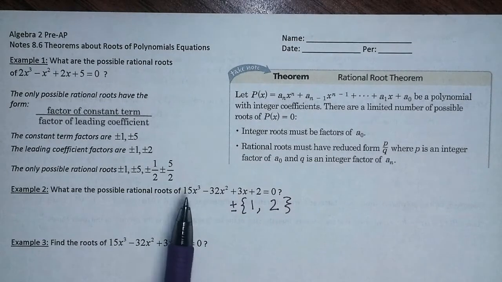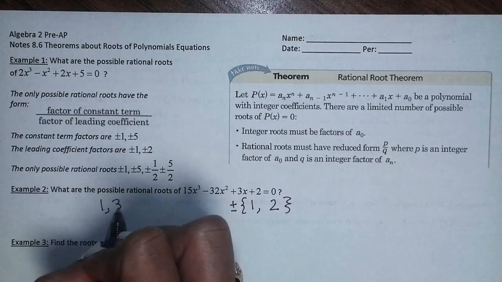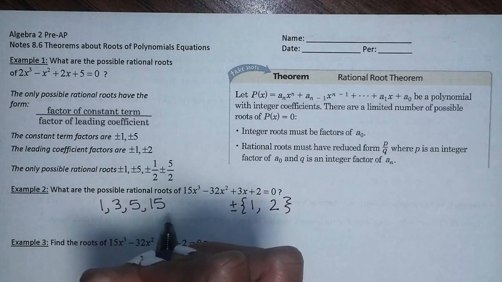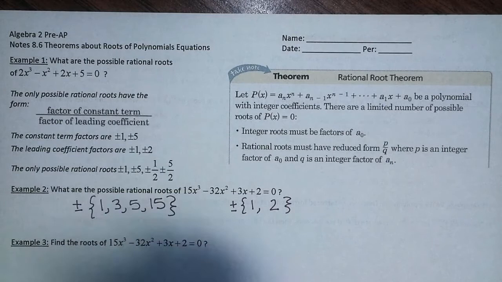And now we're going to list the factors of the leading coefficient. So 15. That's going to have a lot of factors. It's going to be 1, 3, 5, and 15. And let's just put them in a little bracket with plus or minus.